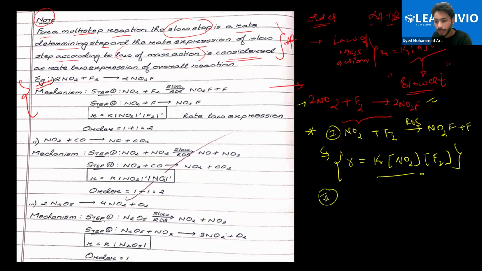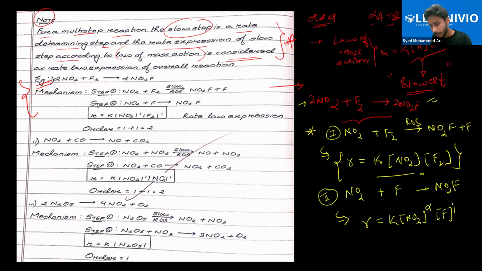The next step is NO2 plus F gives you NO2F. This is the second step. In the second step, you have to write the rate law expression. So the rate law expression is like this: NO2 to the power alpha, F to the power beta.